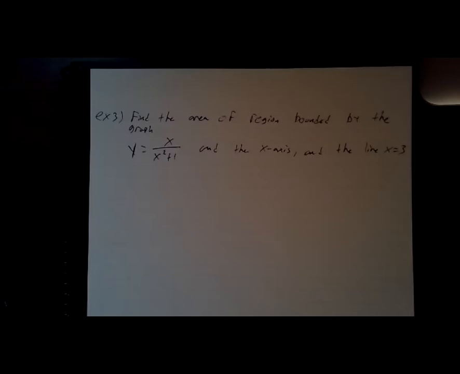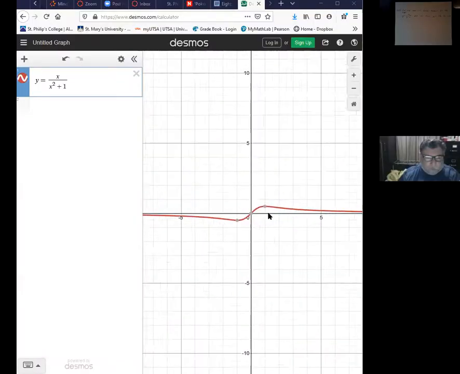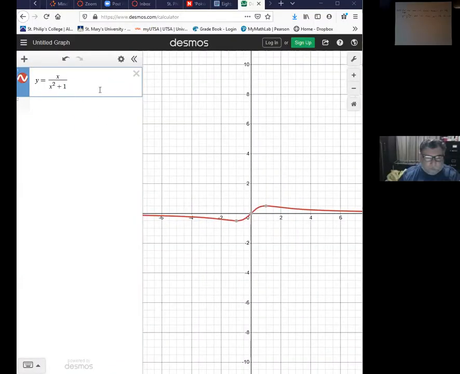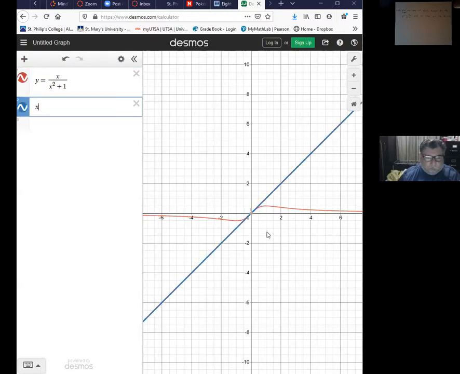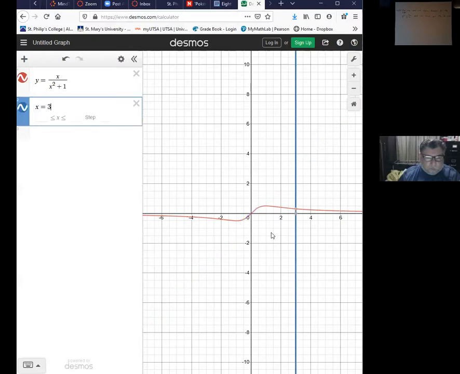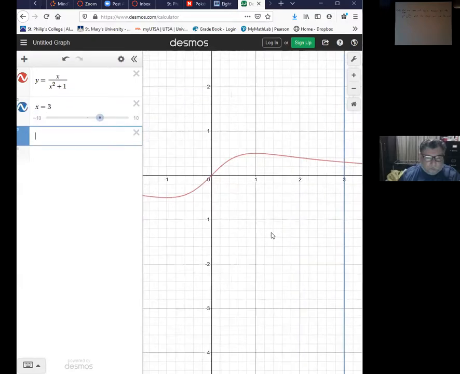Let me show you my graph. Okay. So here's x squared plus 1. This is bounded by the x-axis, so down here, and x equals 3, right? So they want this region right here.